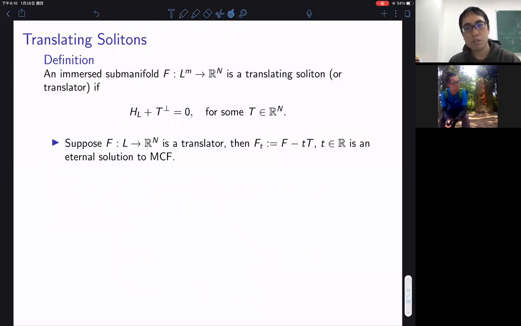If I have a translator, then we can produce an eternal solution by translating it in the minus t direction. So this F_t will be an eternal solution to the mean curvature flow.